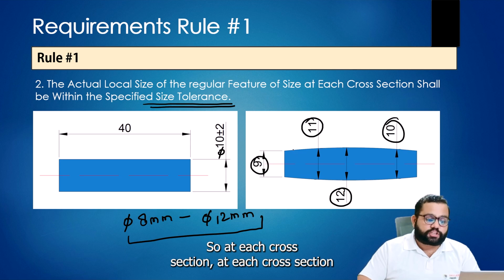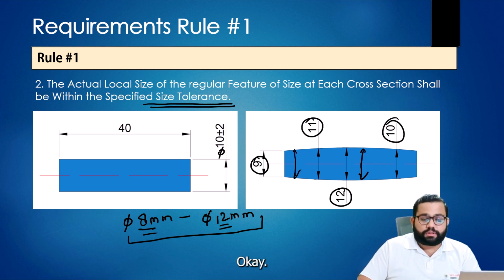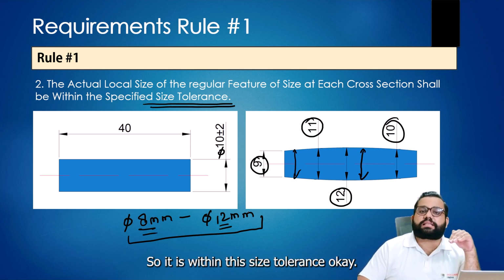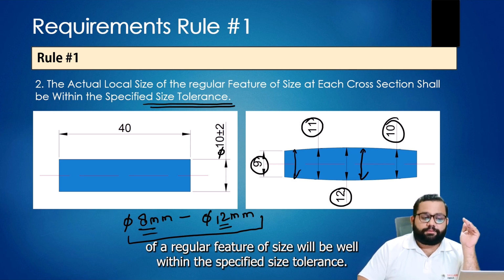At each cross section, it does not exceed 8 mm and 12 mm. So the actual local size of a regular feature of size will always be within the specified size tolerance.